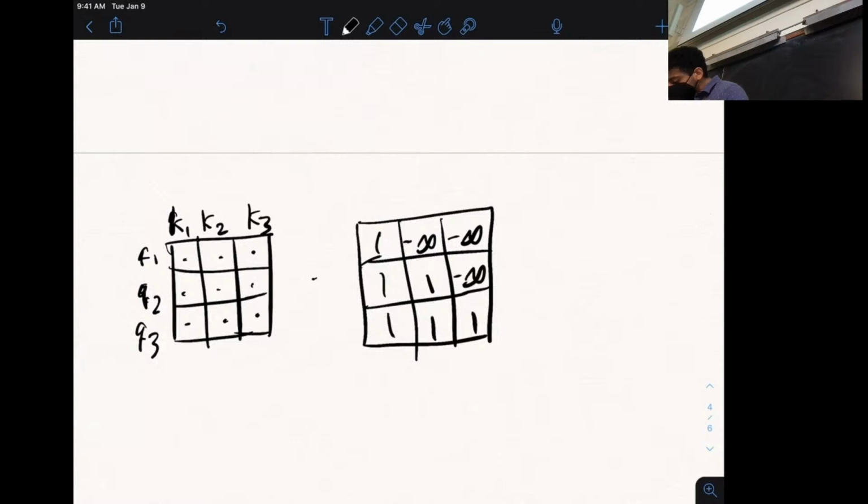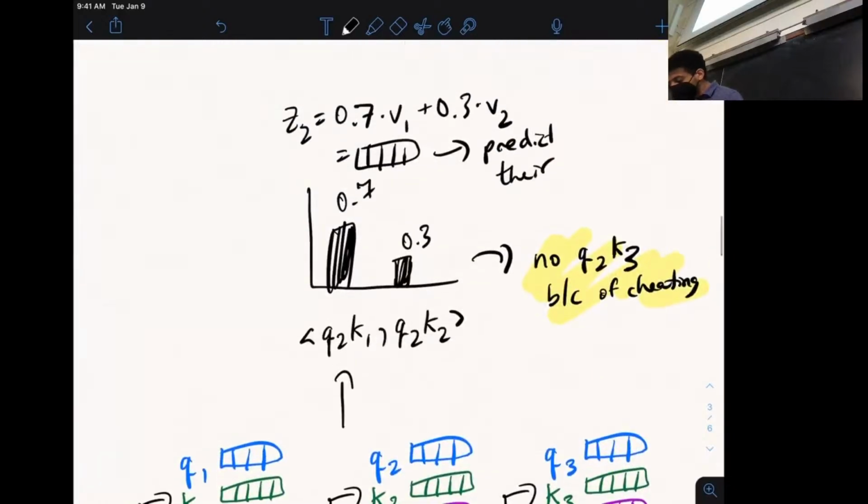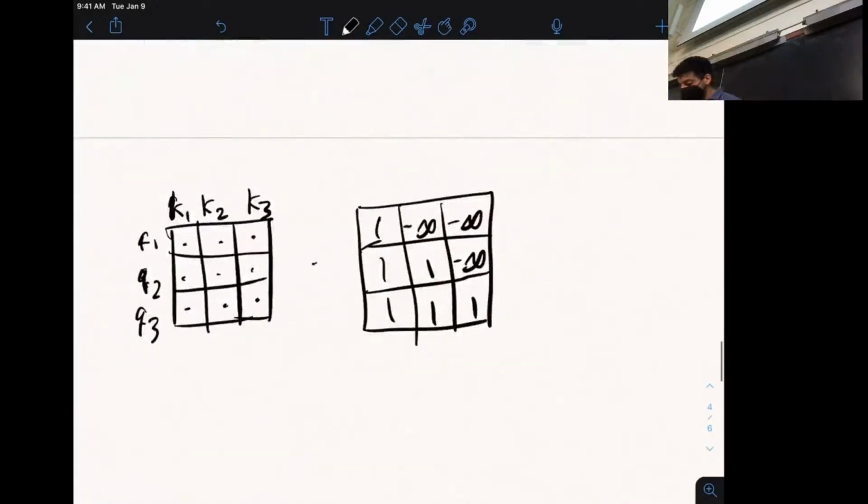The reason is we want the value of these cells to be 0 after we compute the attention scores, right? So if we go up here, in this case we want a 0 value on Q2K3, the thing that actually has some cheating going on. So we can accomplish this by setting these cells in the mask equal to negative infinity.